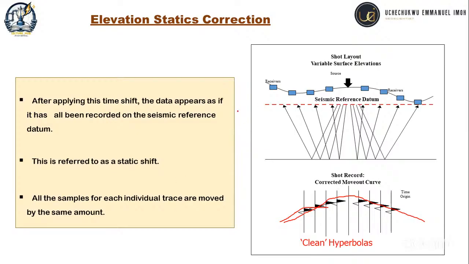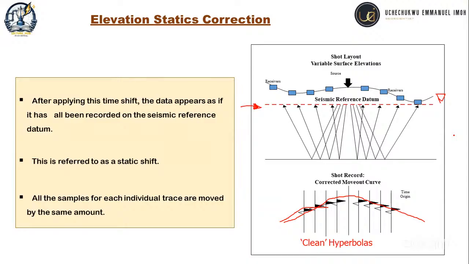In doing that, you get a seismic reference datum, which is an imaginary reference line where all the receivers will be placed in the data set. We call it the reference datum. It could be mean sea level. For the Niger Delta Basin, we normally use zero datum because we are close to the ocean, so we use mean sea level.